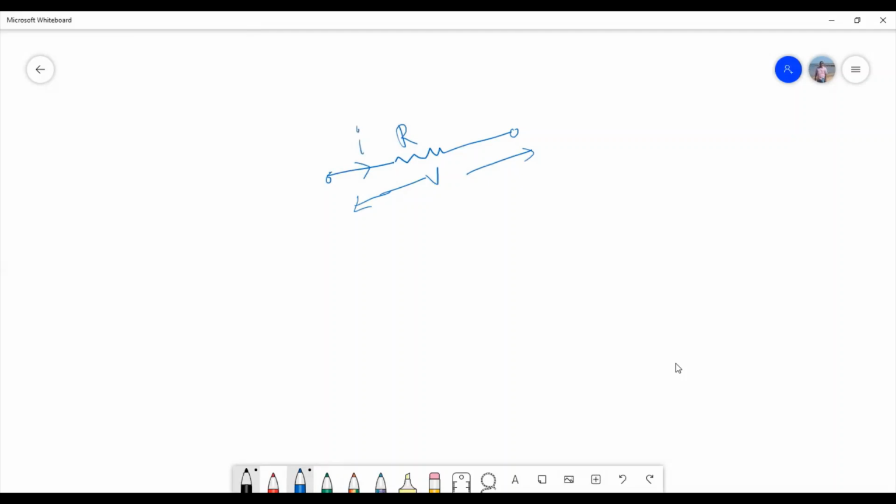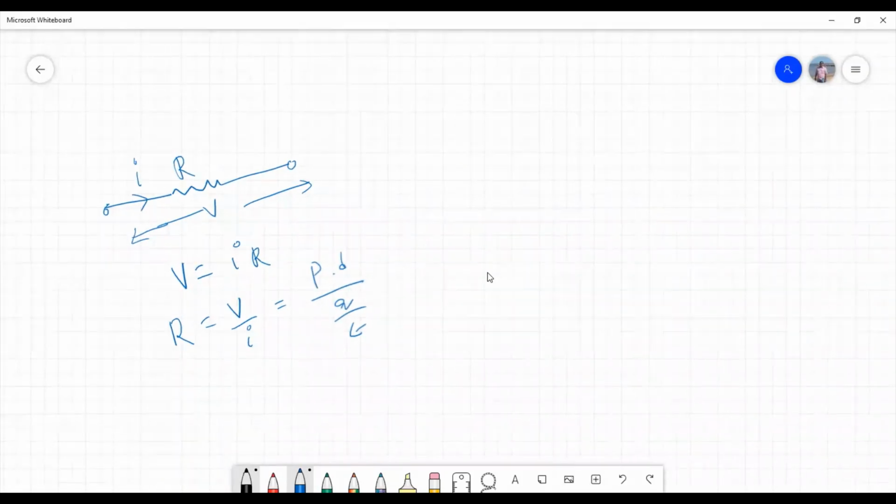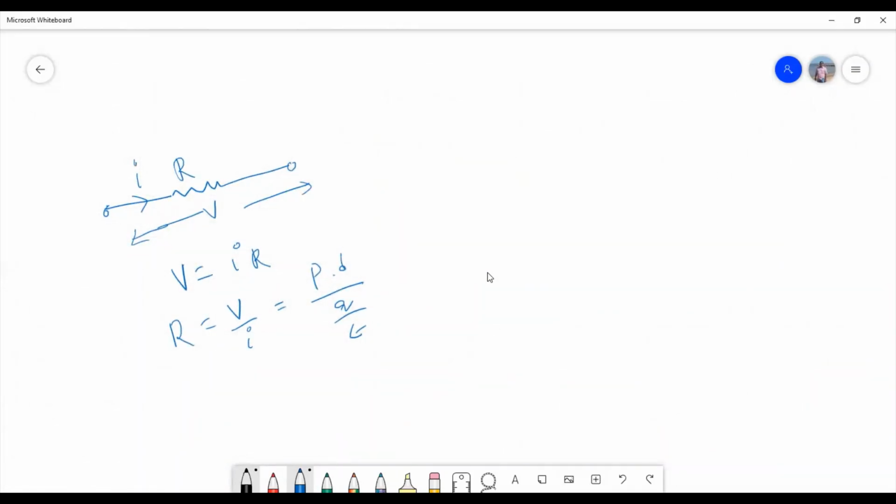If there is no potential difference, no flow of current. So from this we understand that V is equal to IR. So this electrical resistance is equal to V by I, which is nothing but potential difference by the rate of flow of charge.